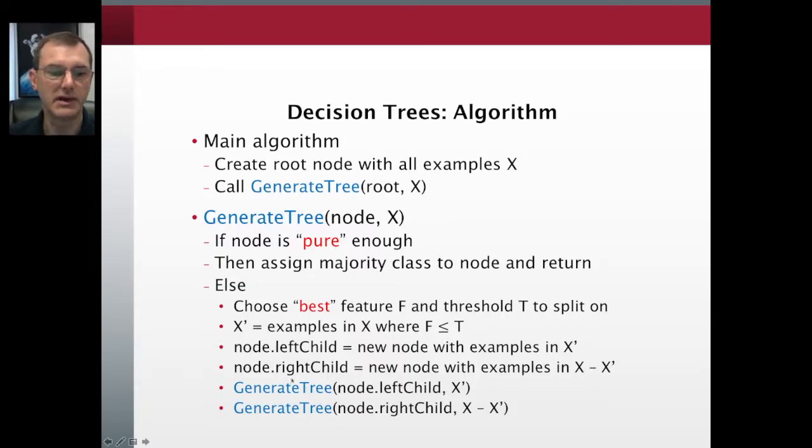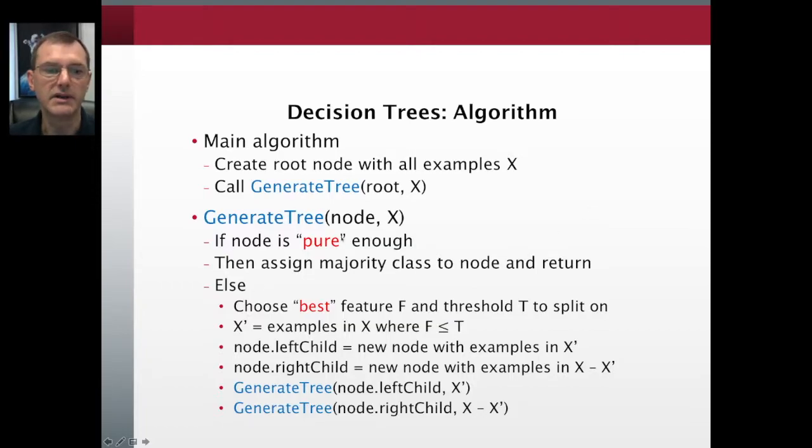Generate tree is a recursive algorithm, so it's going to recursively descend deeper and deeper into the tree, splitting the data up until it gets to the point where it feels confident in a prediction, and then it will create a leaf node at that point. Any examples that flow to that leaf node would then be predicted accordingly.